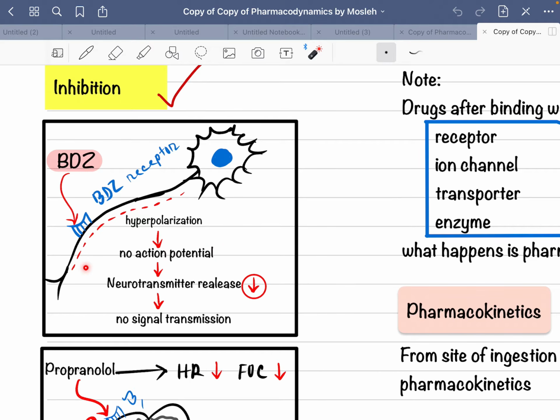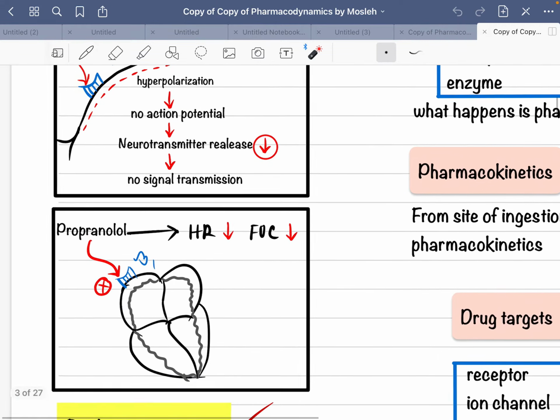That's why the neuronal membrane will be hyperpolarized and the neuron will be suppressed. That's why the forward signal transduction will be suppressed. That means benzodiazepine is having suppressive effects on your nervous system. Okay, I will show you the structure of the GABA receptor, then it will be clear to all of you.